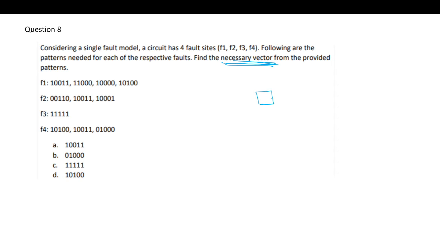So if I consider there are some logic gates, this can be F1, this can be F2, this can be F3, this can be F4, just for example. These are the fault sites.